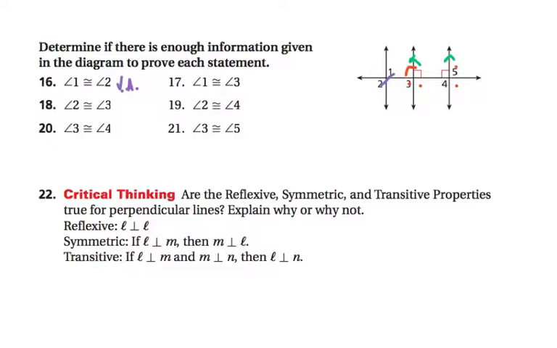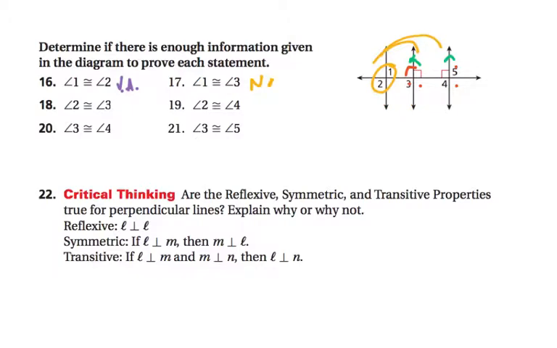Then in the next one, 1 and 3, so this is where we need to be careful because anything that's going to take a value from here and move it to one of these angles over here is probably not going to be the same because we do not have parallel lines in that that meet up with that first line. So 1 and 3, we're going to have to say no. As much as you want to say that those are alternate interior, they are not because we are not sure that these two lines are parallel anyway.